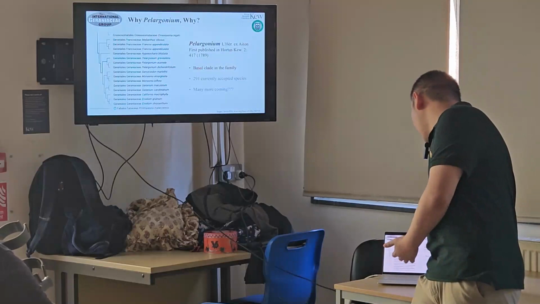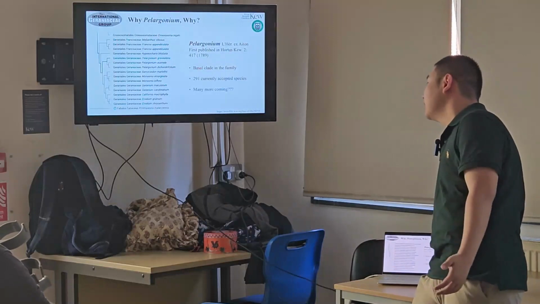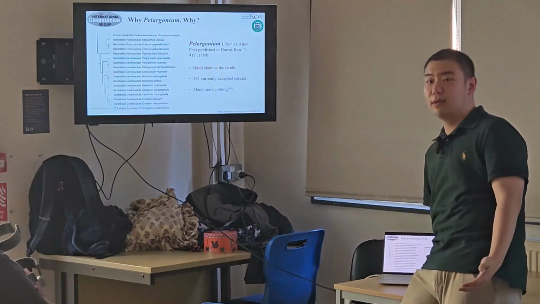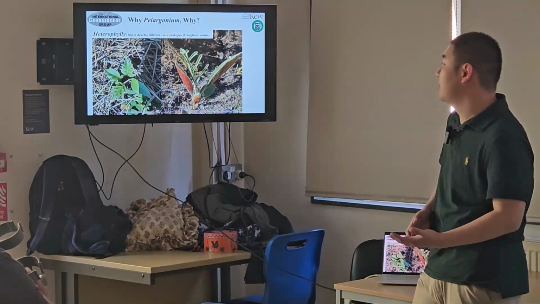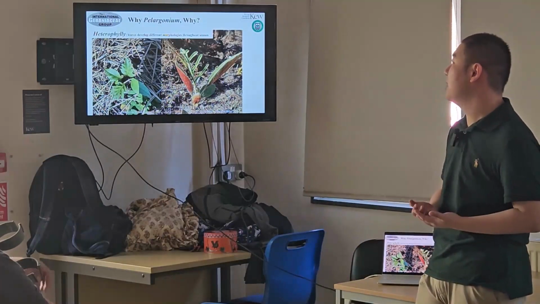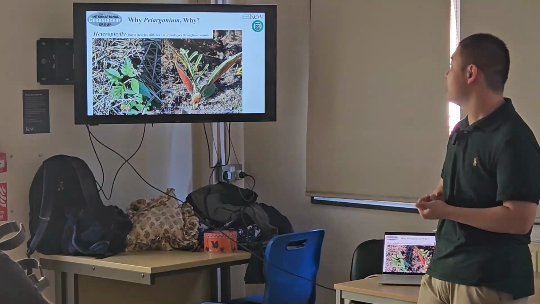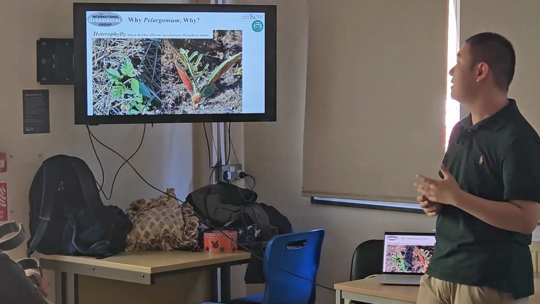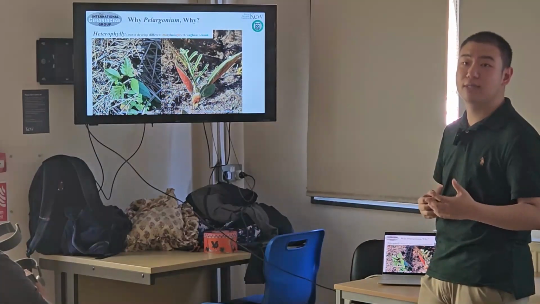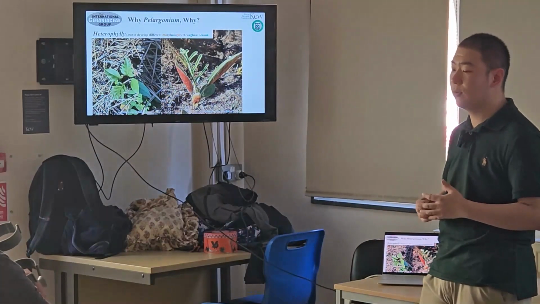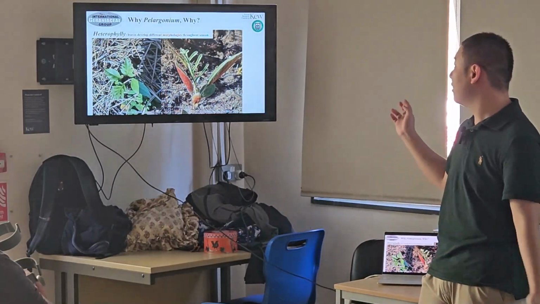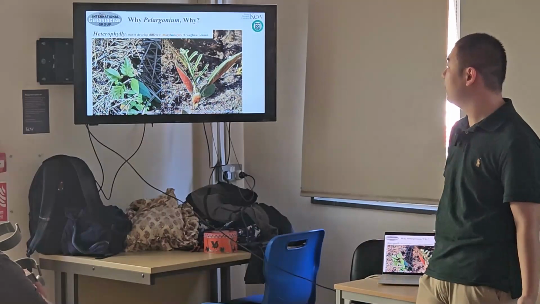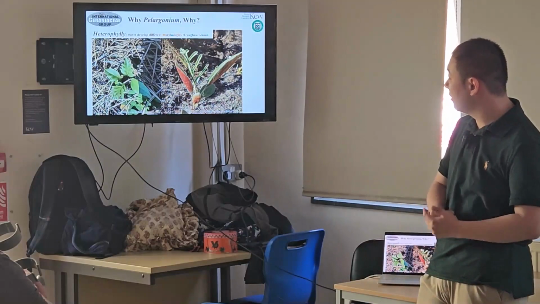So why is Pelargonium, especially this section Horea, so difficult and so confusing? One big issue is heterophily. That is, the leaves develop different morphologies throughout the growth season and throughout time, or with different environments. So as you can see here, there are two pictures, both of Pelargonium dipetalum.